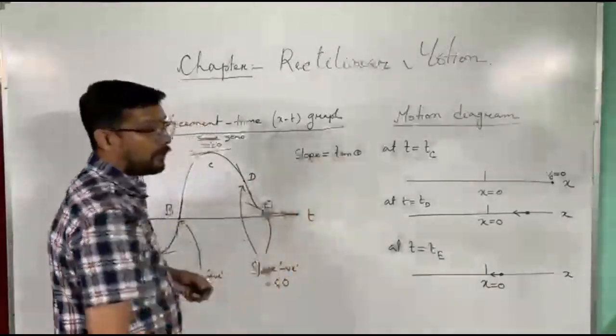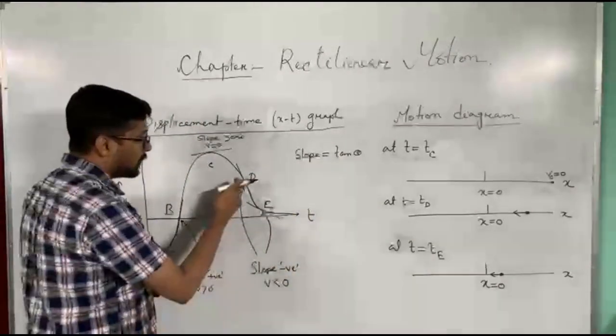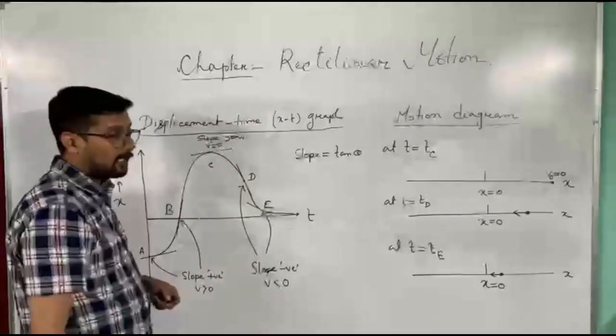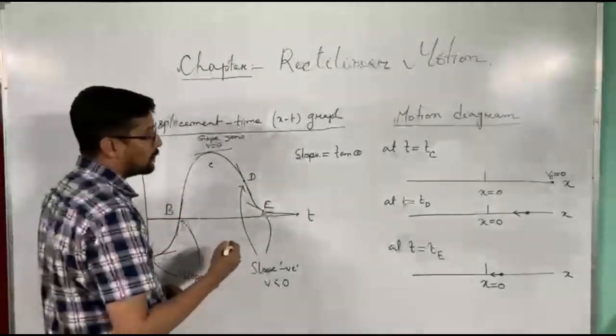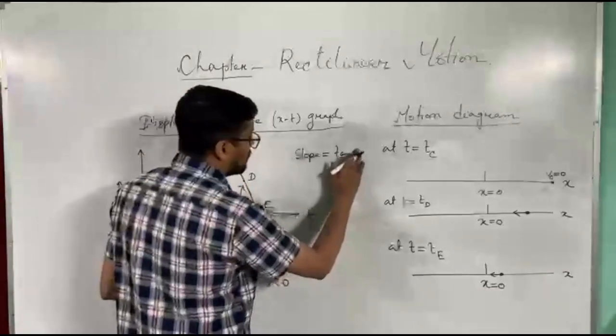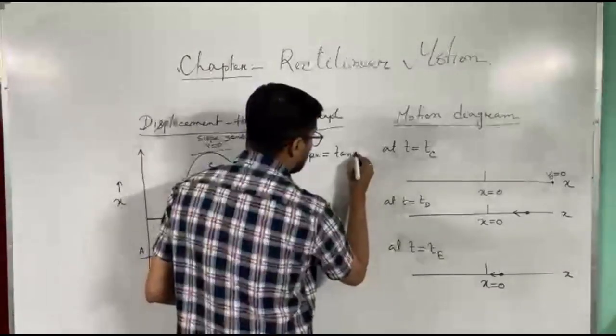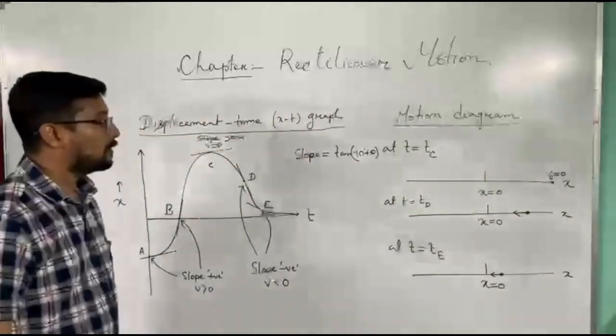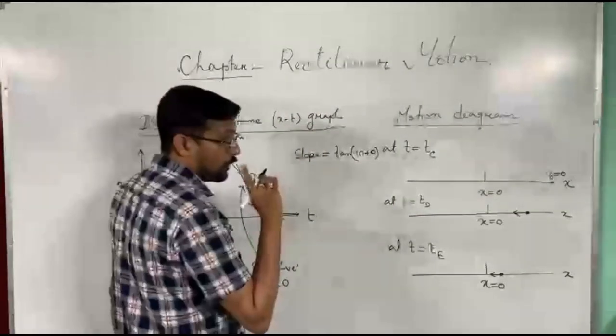Since we know slope is always tan theta, but here the angle which this tangent is making with the x-axis is 90 plus theta. So for this case, we have tan of (90 degree plus theta).